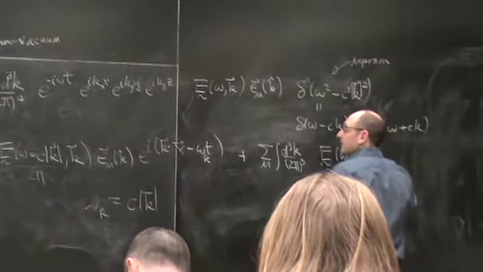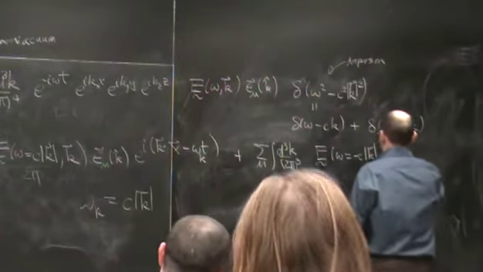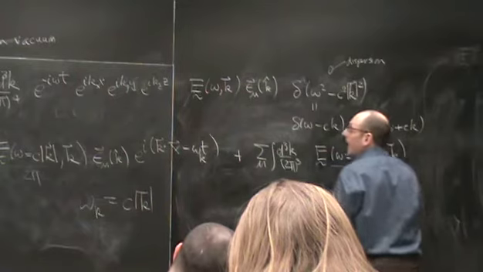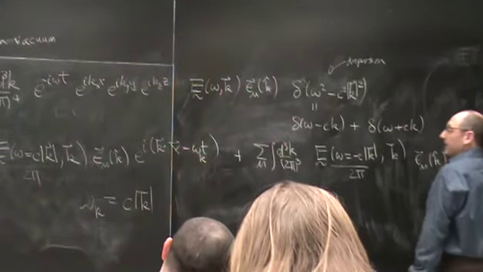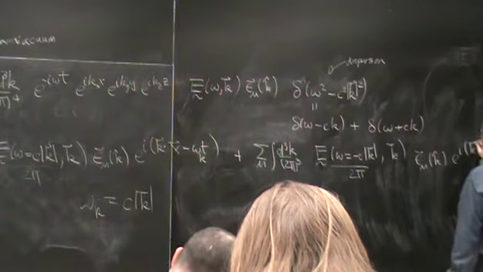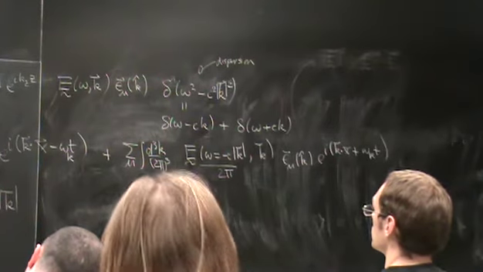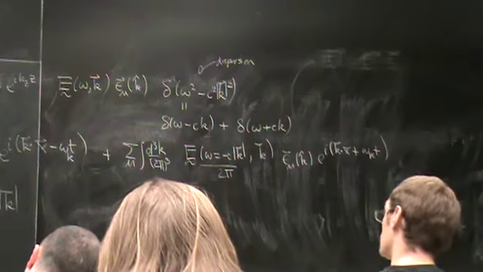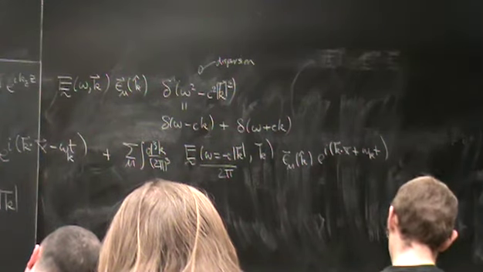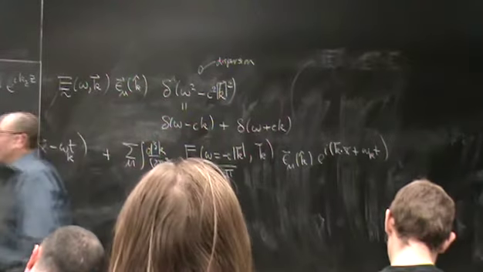Omega equals minus c times the k vector, 2 pi, the polarization vector, e to the i k dot x plus omega_k t. All right? So, these things have names.